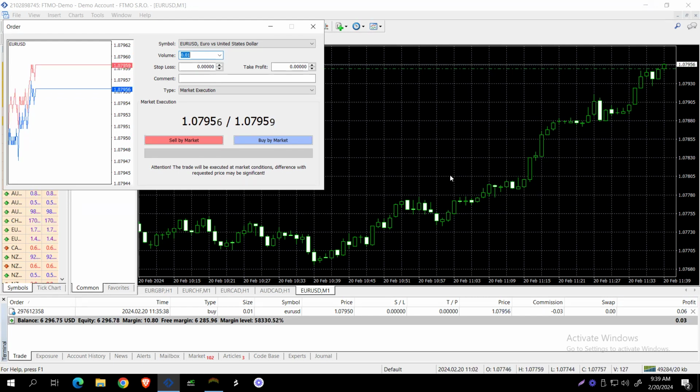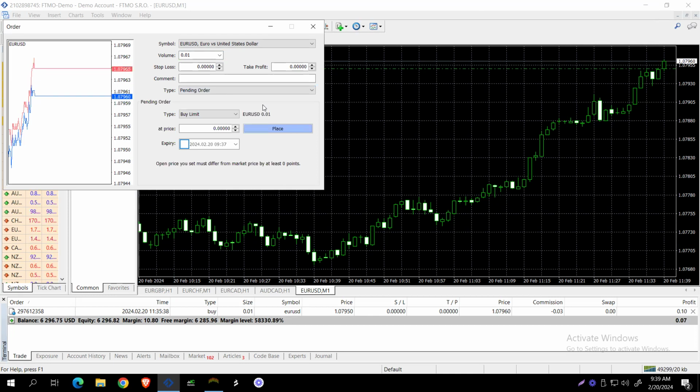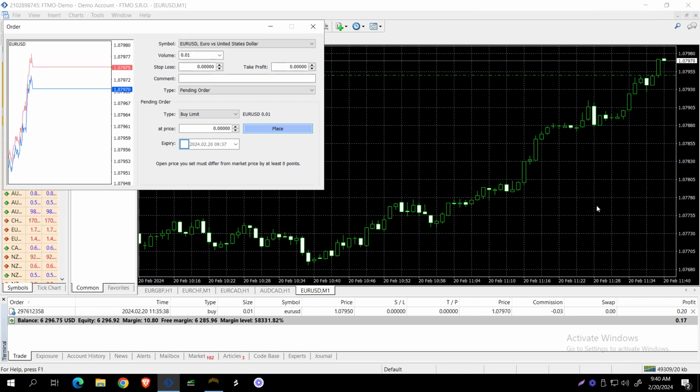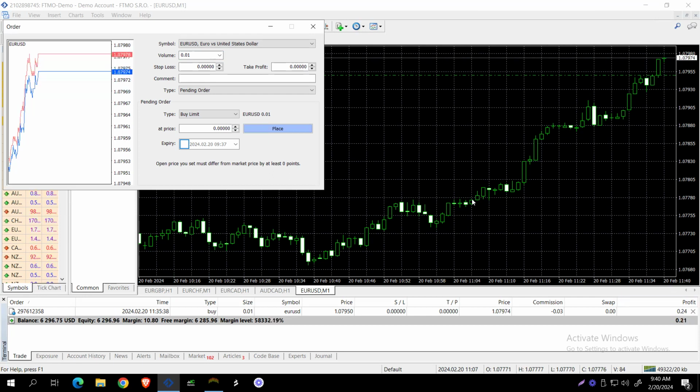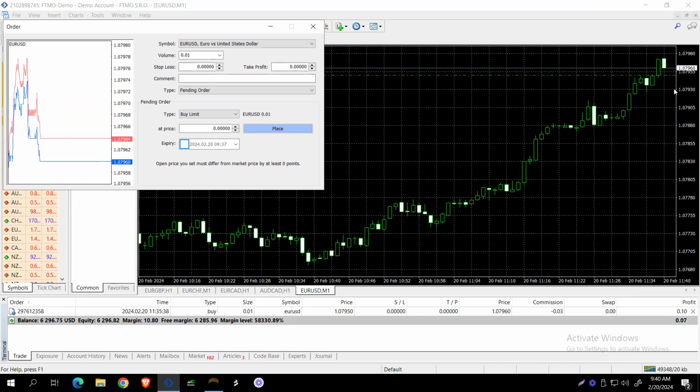Now, in the pending order, this is how a pending order works. Let's assume you think the market is going to drop or rise, but we want to enter the trade at a particular level.